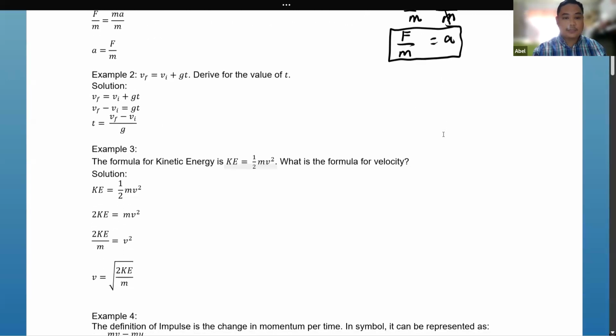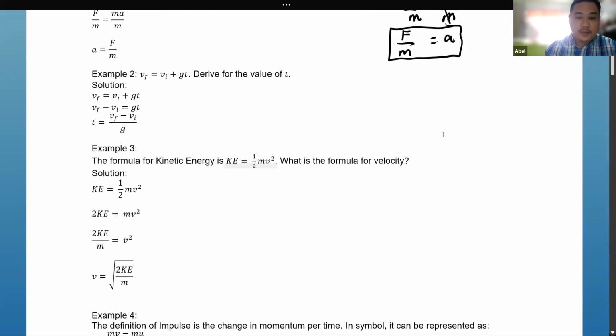Now, how about example number 2? We have vf equals vi plus gt, derive for the value of t, or the time. We're going to look for the value of t. Now, take note, we have to subtract both sides or add negative vi on both sides. But in our case, can I just use transpose?